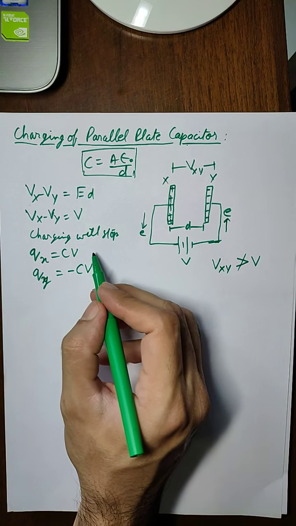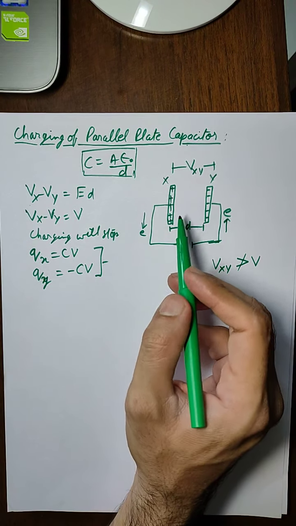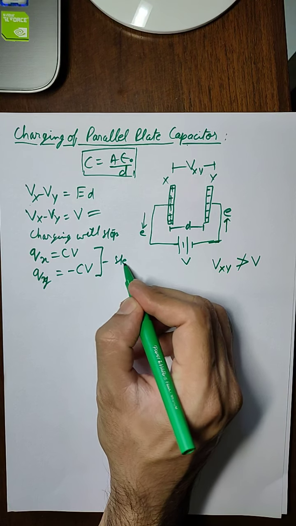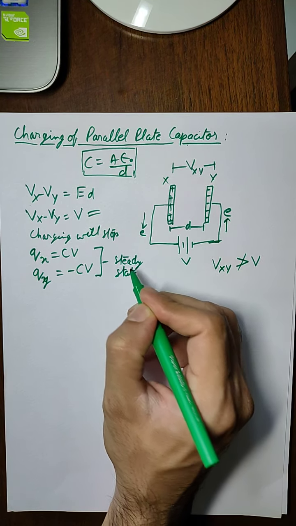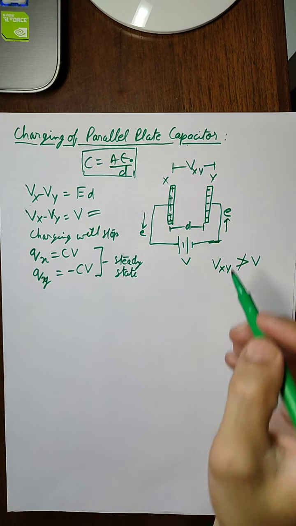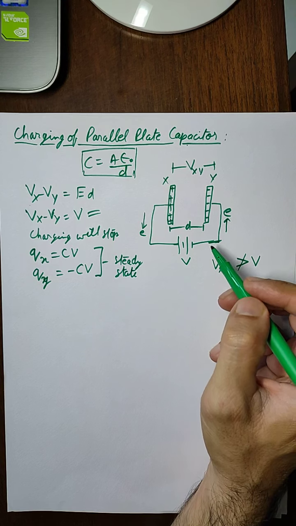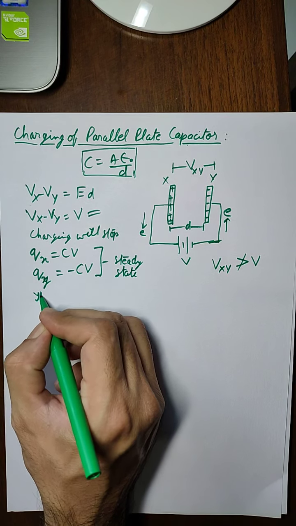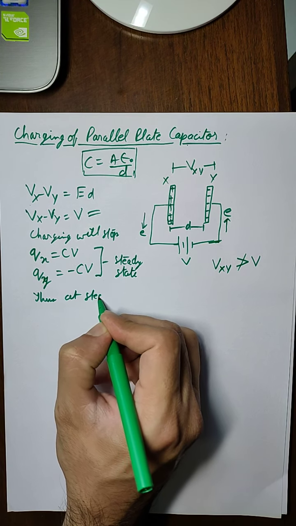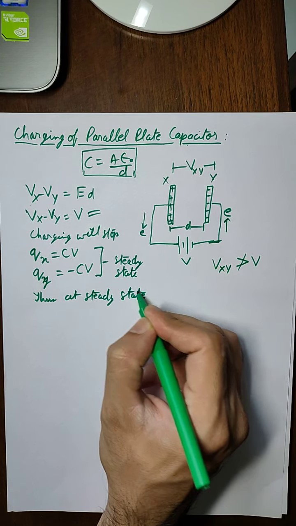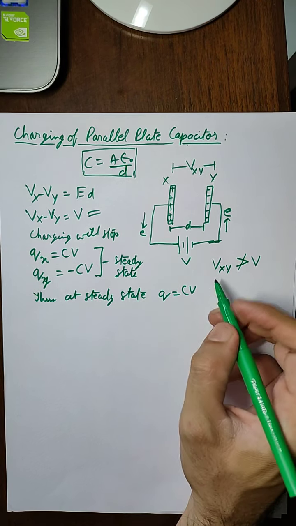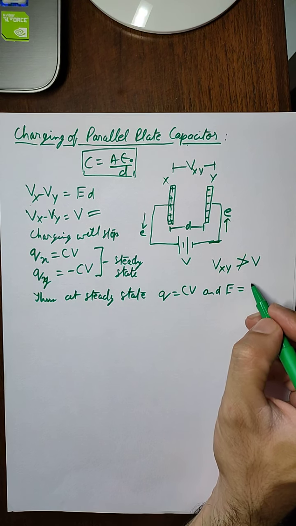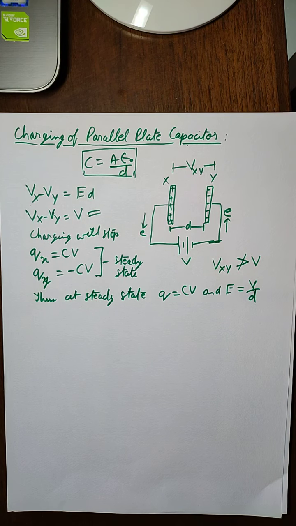This situation, when we get the final charge at the same potential between plates, which is equal to V, is called the steady state, because after this state there will be no movement of charge, and the current that was flowing in the circuit will stop. So this condition is called the steady state condition. Thus at steady state, the charge will be Q = CV, and the electric field between the plates will be E = V/d.